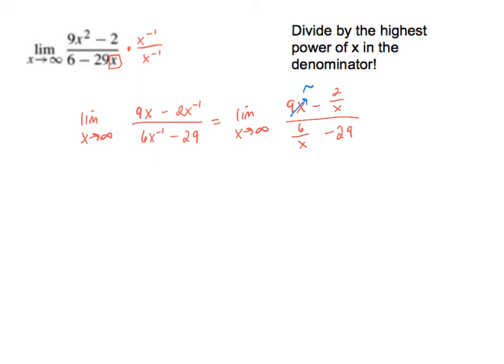That conceptually grows to infinity. The second one is 2 divided by infinity, so that's a 0. 6 divided by infinity, 0, and a negative 29. So we have infinity on the top divided by negative 29 on the bottom.